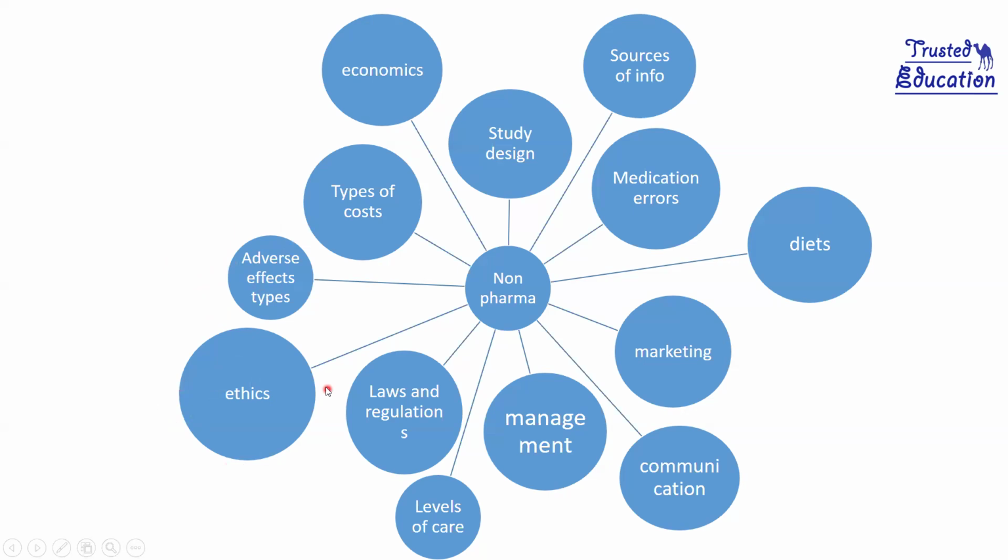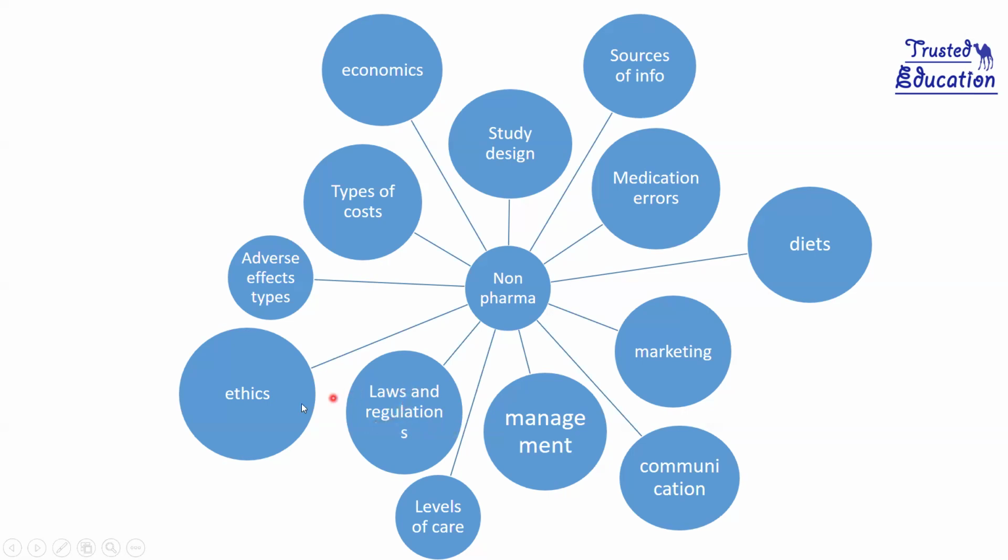We have the ethics in Saudi Arabia. Those are, for example, treating all the patients equally regardless of their political status or their financial status. Also, we have laws and regulations.